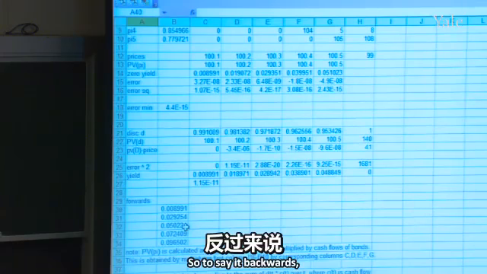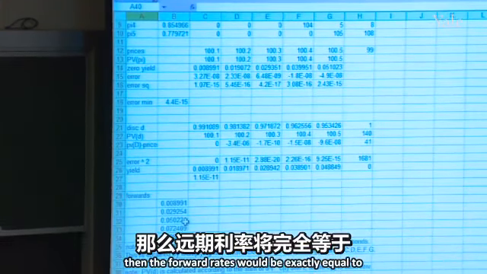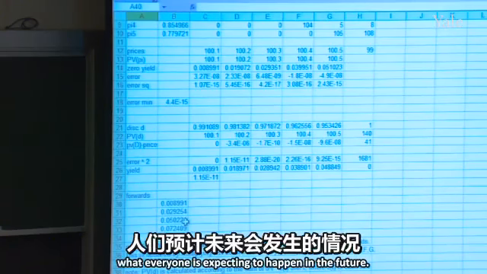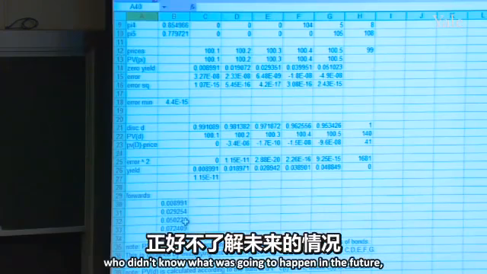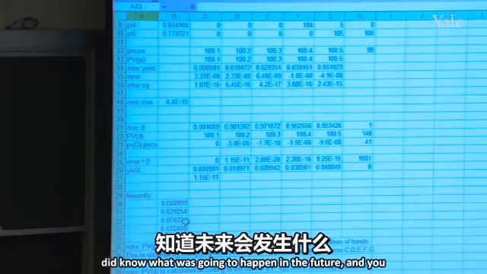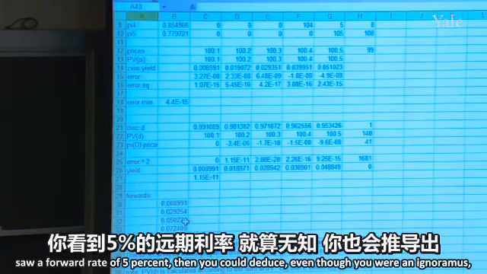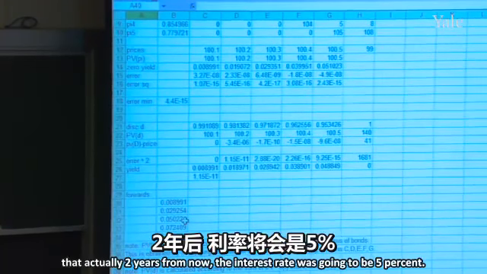So to say it backwards, if you assume everybody knows for sure what's going to happen in the future, then the forward rates would be exactly equal to what everyone is expecting to happen in the future. To say it slightly differently, if you happen to be the one ignoramus in the world who didn't know what was going to happen in the future, but you knew that everybody else who was trading on the market did know, and you saw a forward rate of 5%, then you could deduce, even though you were an ignoramus, that actually 2 years from now, the interest rate was going to be 5%.